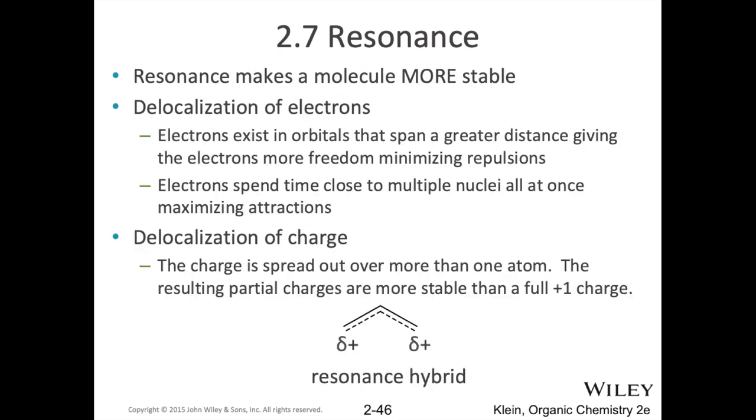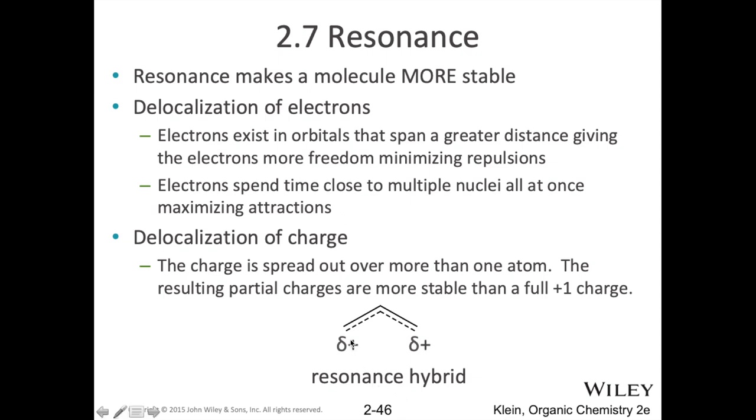So we say that the electrons in that pi bond are delocalized. They're spread out between both of these bonds, and that's why we use that dotted line to show that those 2 pi electrons are actually spread out here. That's what it means to be delocalized. They're not stuck in one location, they're spread out. Likewise, we also have a delocalization of charge.